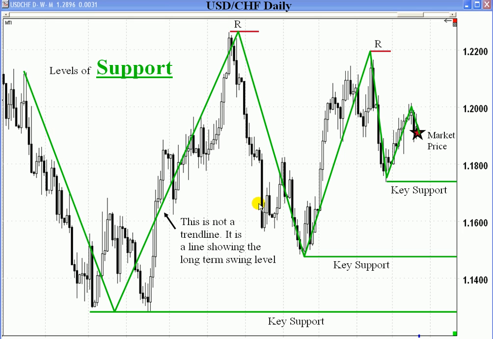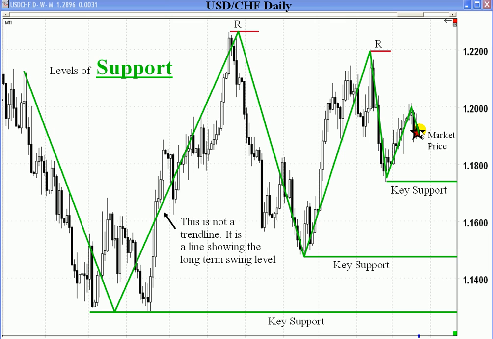And we see some interim swings here, low point, a high point, a low, a high. But here we've just pointed out the major lows, major key levels of support, and major levels of resistance.